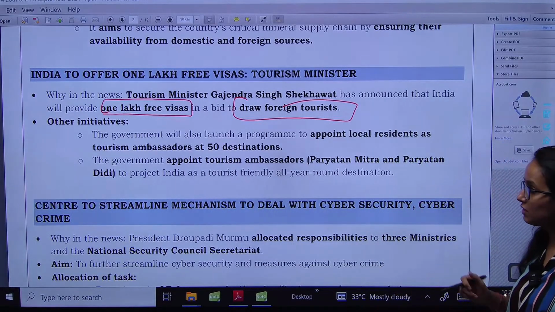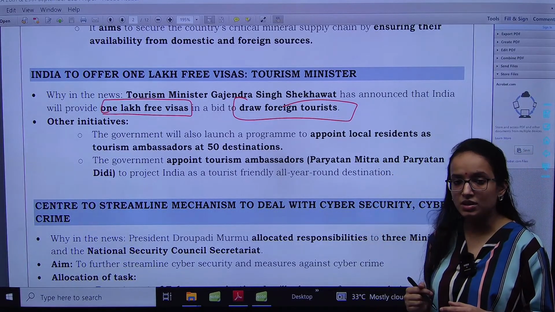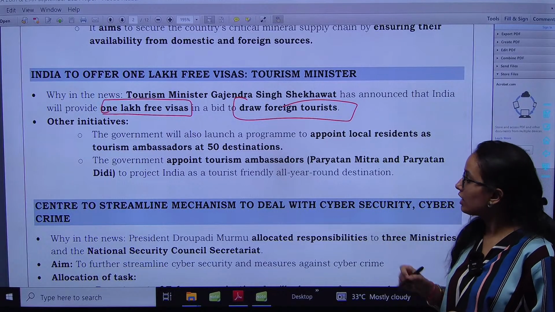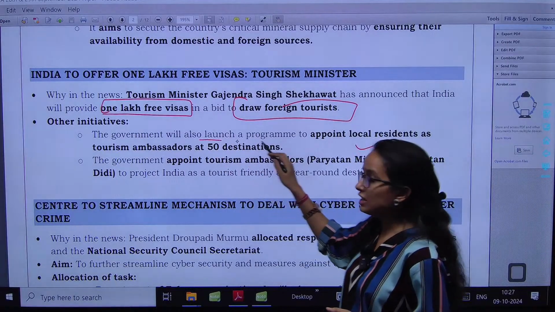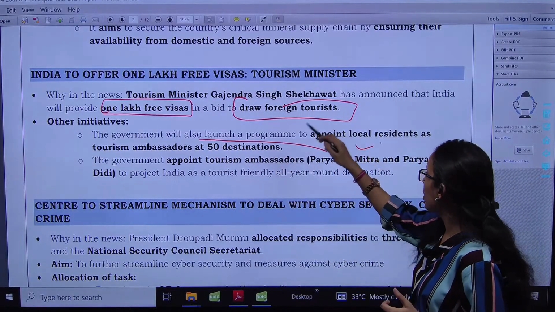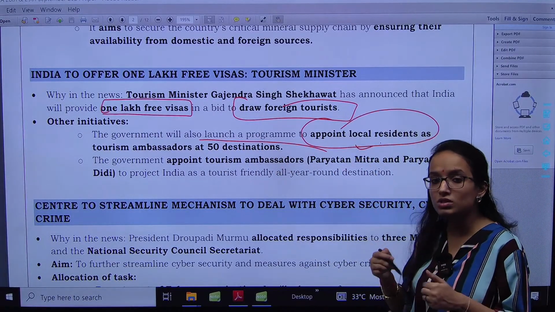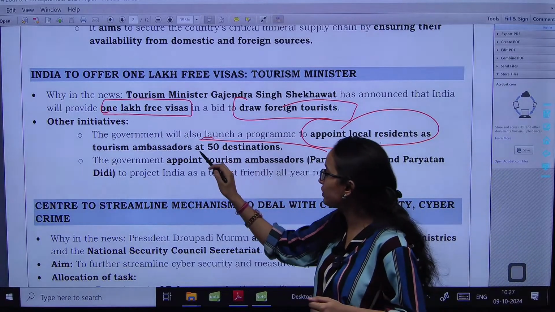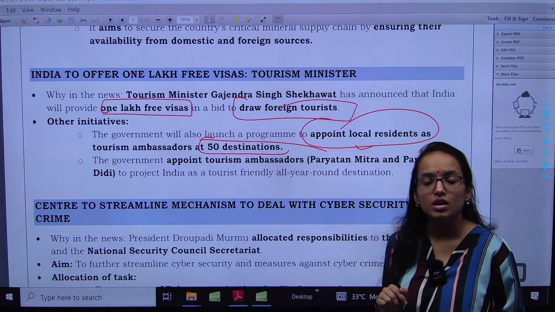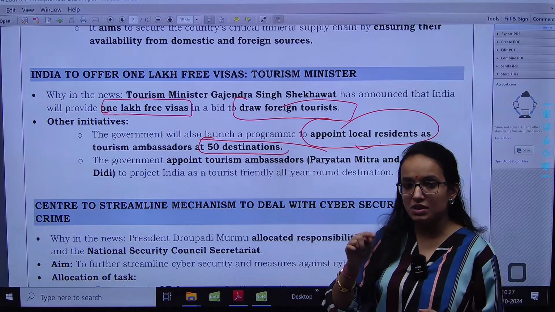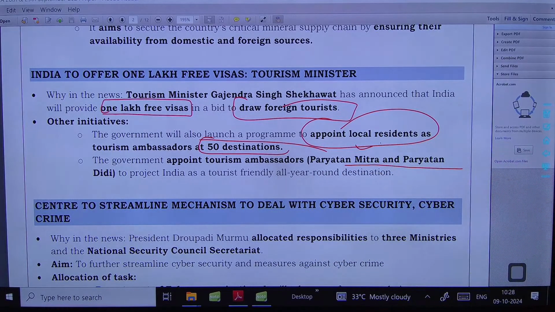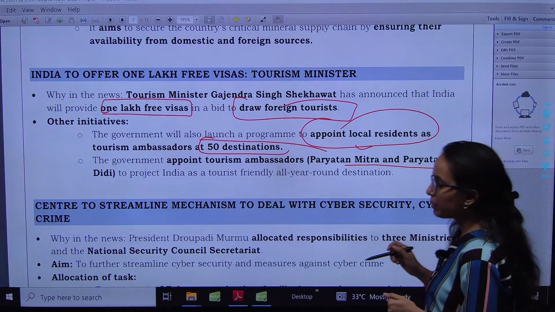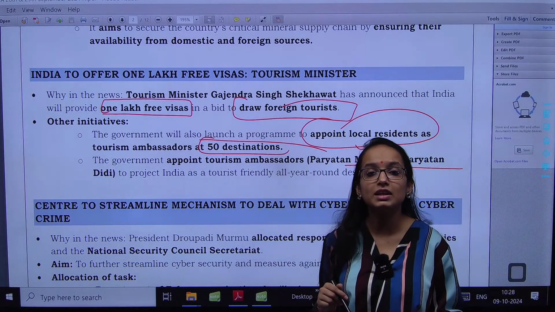Other initiatives in the tourism sector: one such is where the government has a plan to appoint local residents as tourism ambassadors at 50 tourist destinations. This is something we have discussed in the previous CA classes, also known as the Paryatan Mitra and Paryatan Didi initiative.